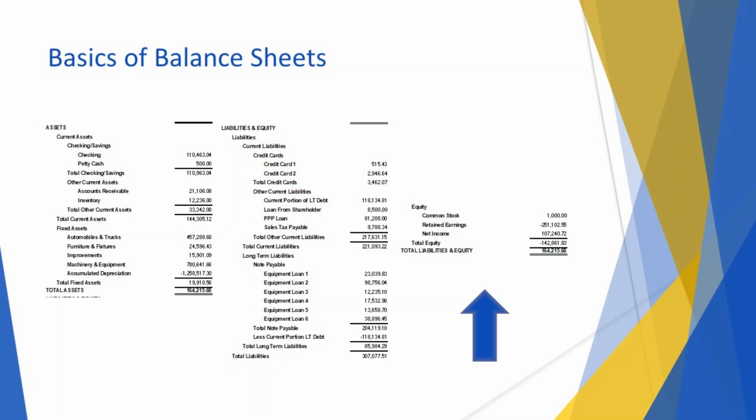They have net income of over $100,000, but their net income is less than their current portion of long-term debt and less than their current liabilities, even when we exclude the PPP loan. That means the company will have to rely on current assets to continue operations beyond the next 12 months.